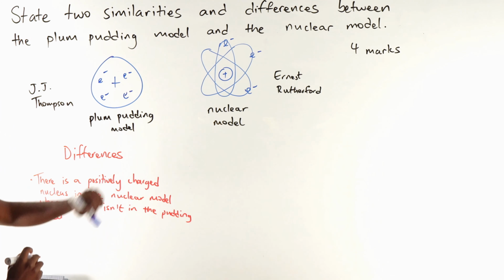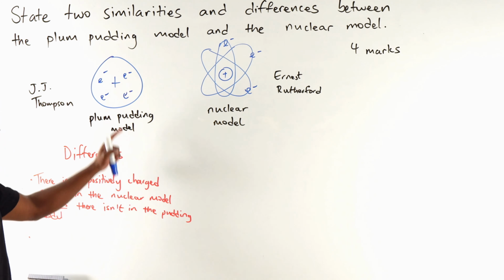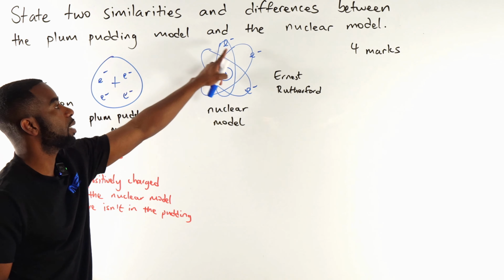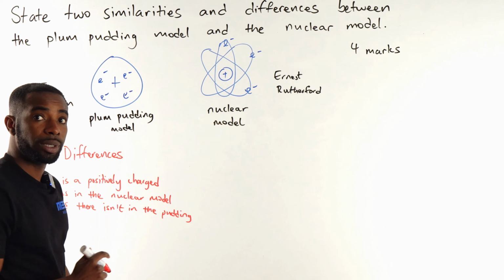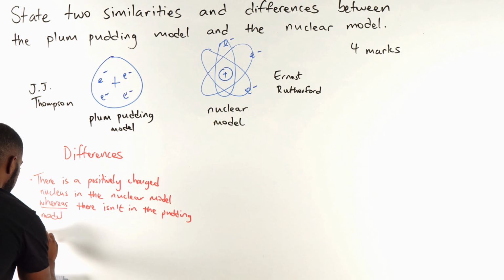What else is the difference here? Another massive difference, if you have a look between these two, is the electrons here are in a cloud in the nuclear model, whereas the electrons are randomly scattered in the ball of positive charge in our plum pudding model. So let's write that down as well.